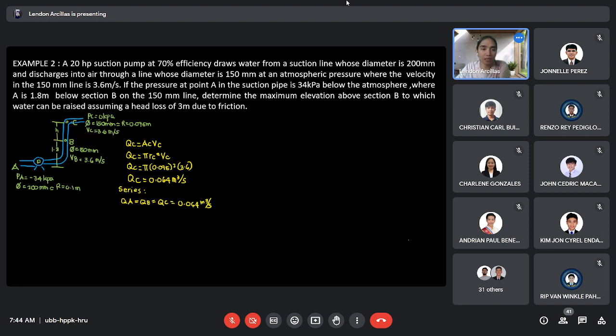So to find QC, since we have VC, we can get QC, which is this one. And QC, QA, and QB are equal. We can now get VA. Okay? Which is QA over AA, area at A. So the formula here is energy at point A to energy at point C. Since we're using a pump, this is plus HP out.